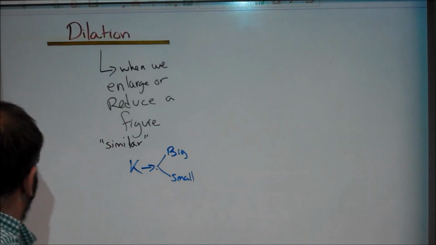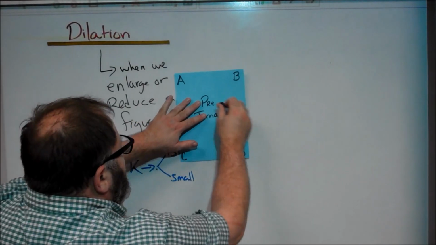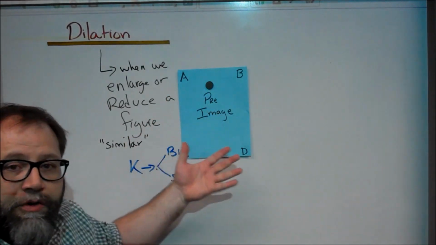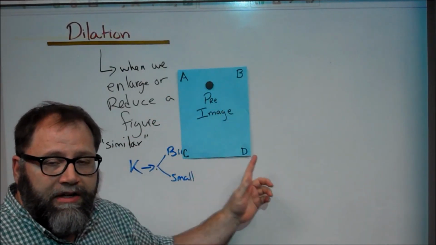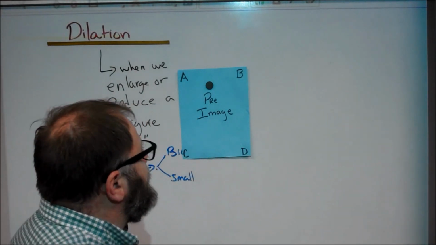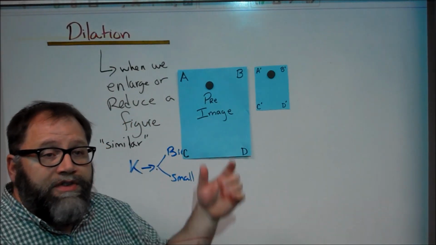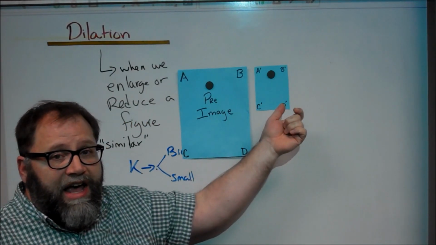So here's our pre-image. I've got just a simple rectangle A, B, C, D. Now, if we were going to reduce that, here's a reduction of it. So we've reduced this down.